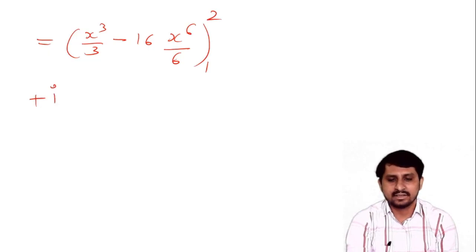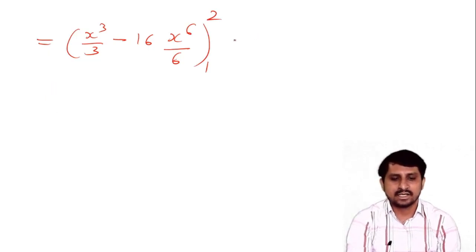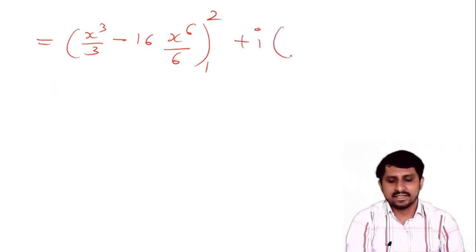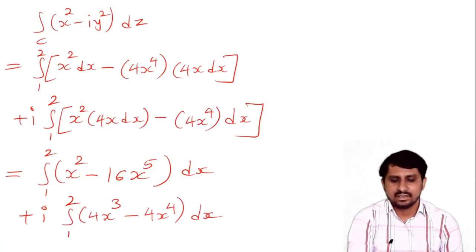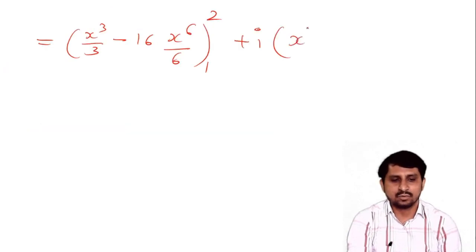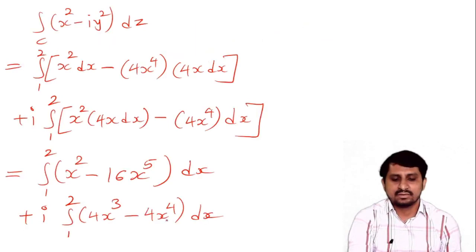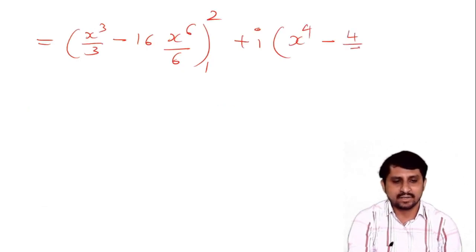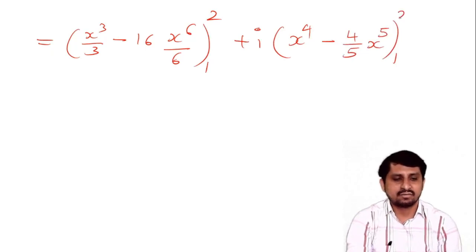Plus i integration of 4x cube, which is x raised to 4 by 4, so the 4 is cancelled and only x raised to 4 remains. Then minus the integration of 4x raised to 4, that is x raised to 5 divided by 5, so finally we have minus 4 by 5 x raised to 5, with integration limit from 1 to 2.